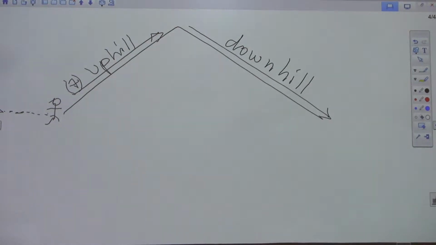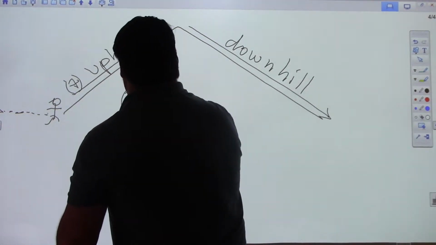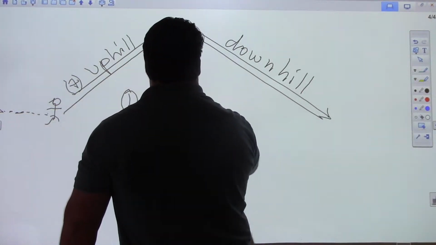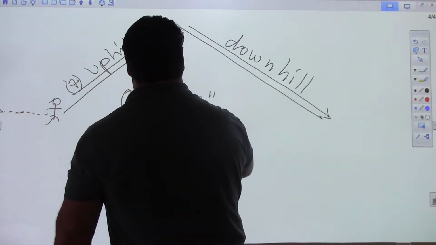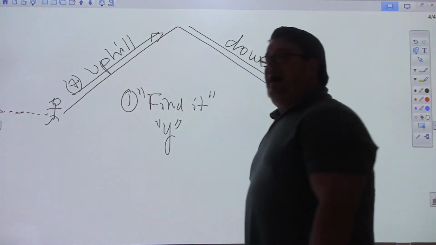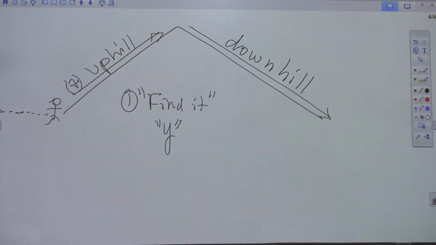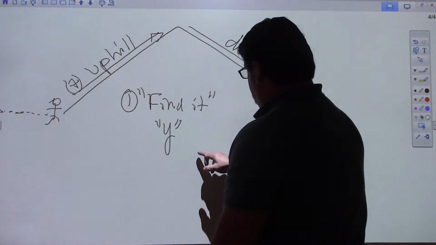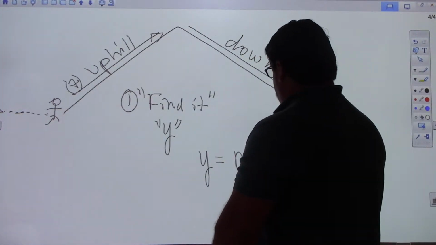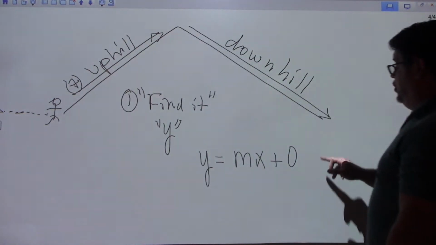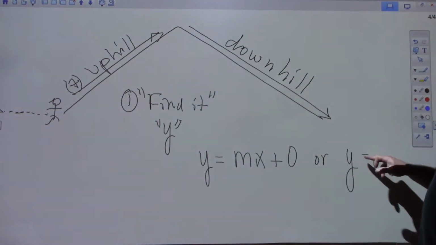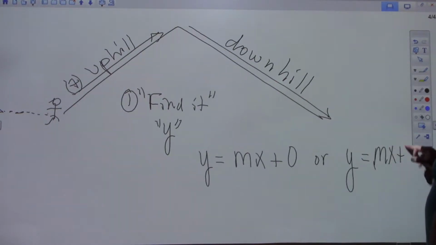Now, there's several ways to find the slope of a line. Okay? One way is to just find it. What do I mean, find it, Hubert? Well, solve for y and find it. Get y by itself, and when you get y by itself, you know what m is. How? Well, there is a form of a line called y equals mx plus b.